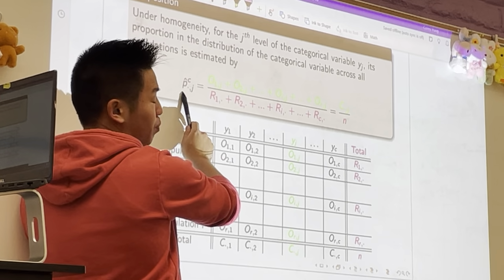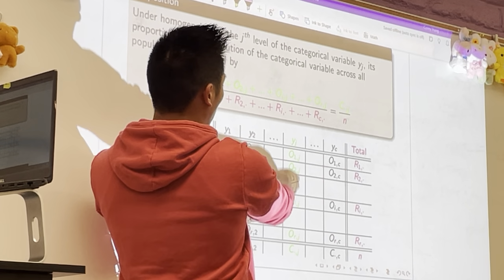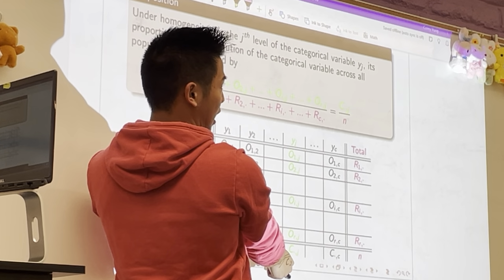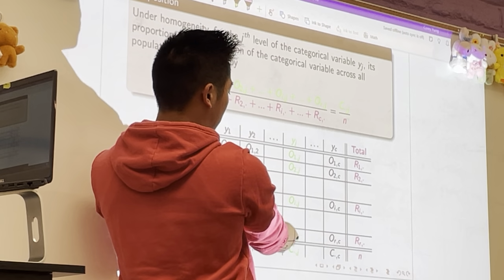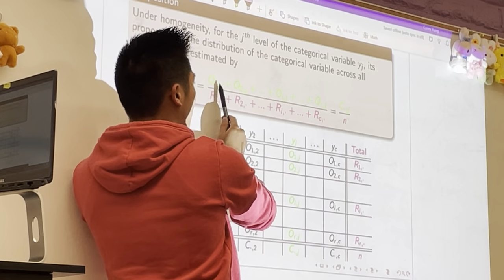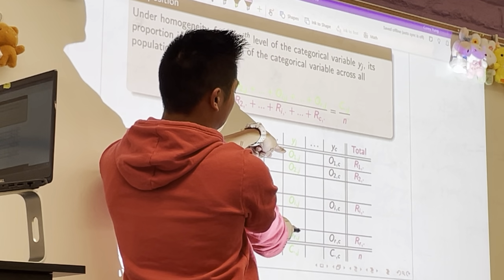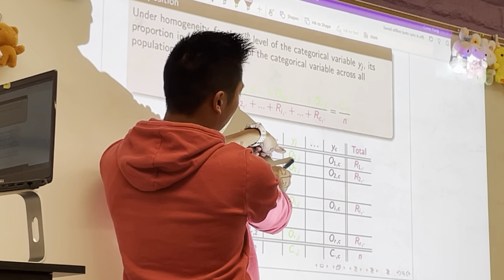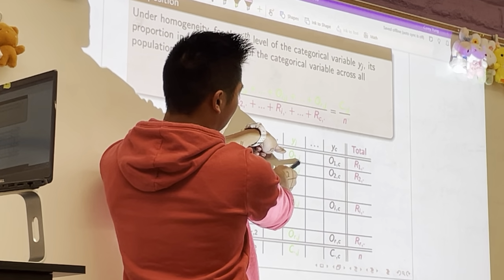But notice that this sample estimate is equal to, and you can look at it in the table, if I want to find what all the green values or the green proportions are equal to, a good estimate for that is I'm going to add up all the observations in the jth level. So O1 comma j, O2 comma j, all the way to OR comma j, and I'm going to divide it by the total population right here, which is the row sum in this population, the row sum in that population, and so on and so forth.